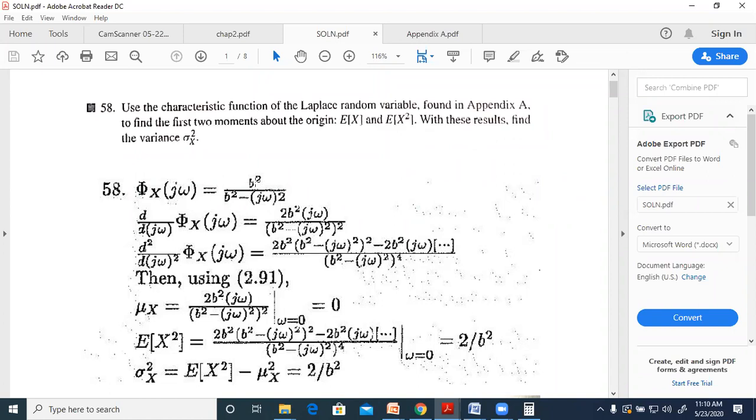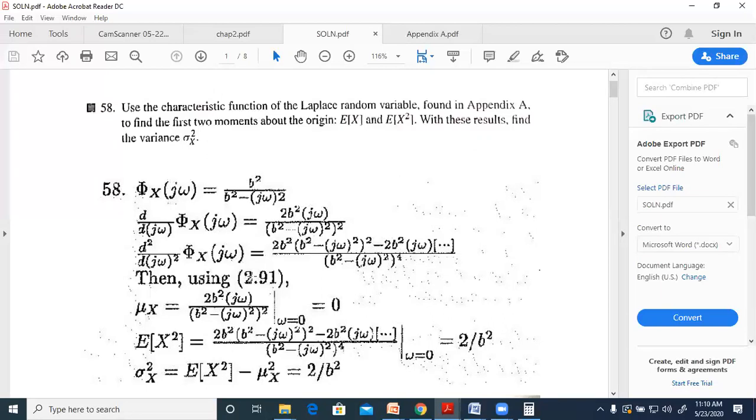So you'll have b squared divided by b squared minus (j omega) squared, whole squared, multiplied by the internal derivative of the quantity b squared minus (j omega) squared, and that will turn out to be j omega. So similarly, you take the differentiation of this with respect to j omega once more, and you will get this quantity.